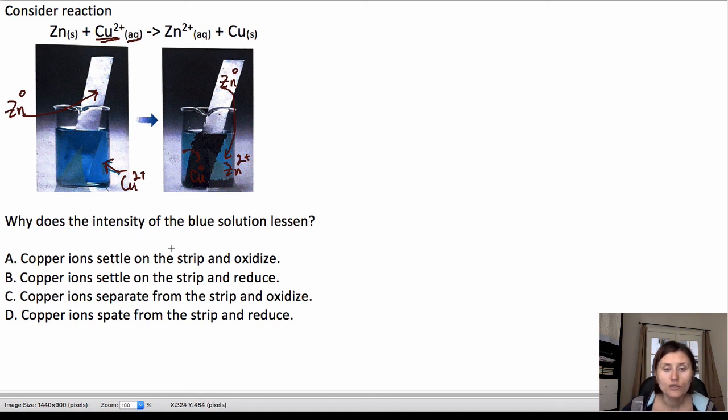Copper ions settle on the strip and oxidize. So we have copper ions in the liquid, they settle on the strip and they oxidize. Let's see if they actually oxidize or not. We have copper 2 plus, and it's going to copper 0.